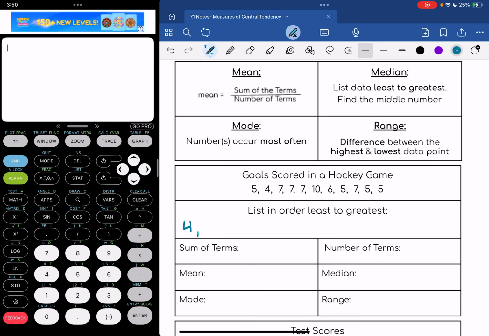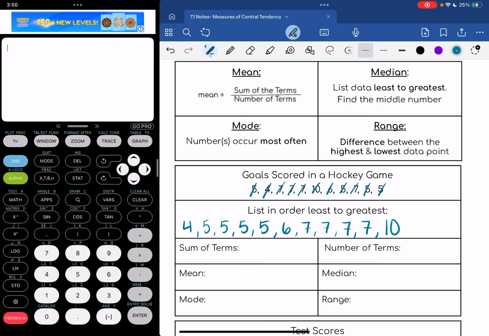So I've got a 4, and then I've got 5, 5, 5, 5, 5. I've got 1 6. I've got 4 7s. And a 10.